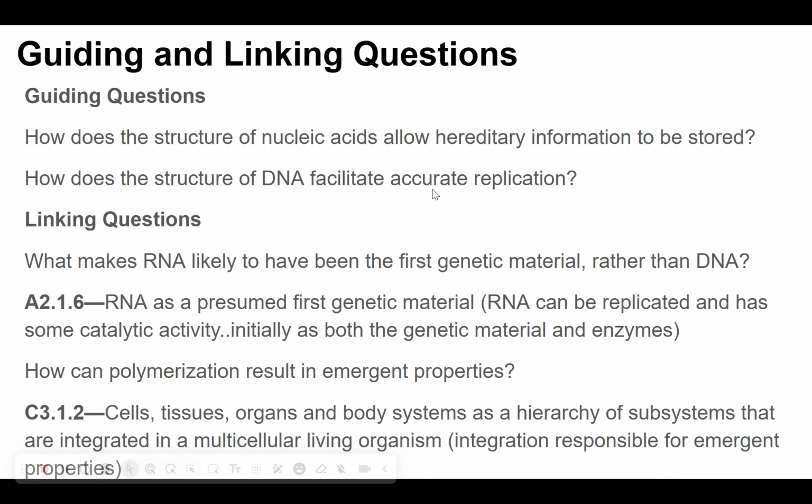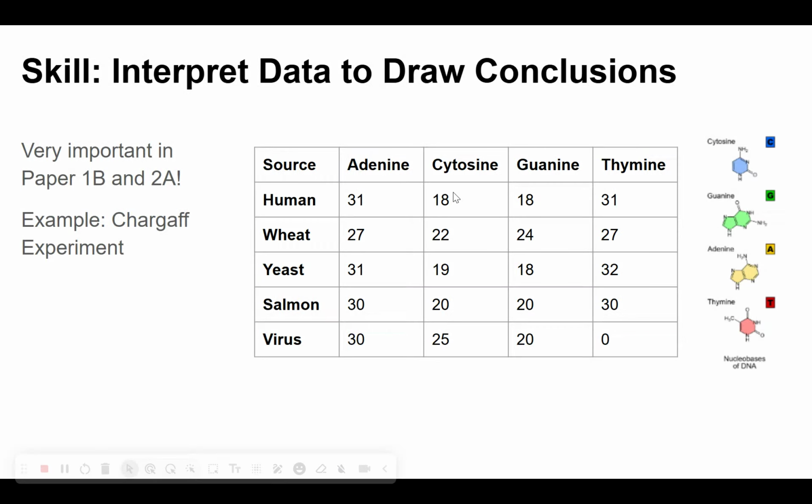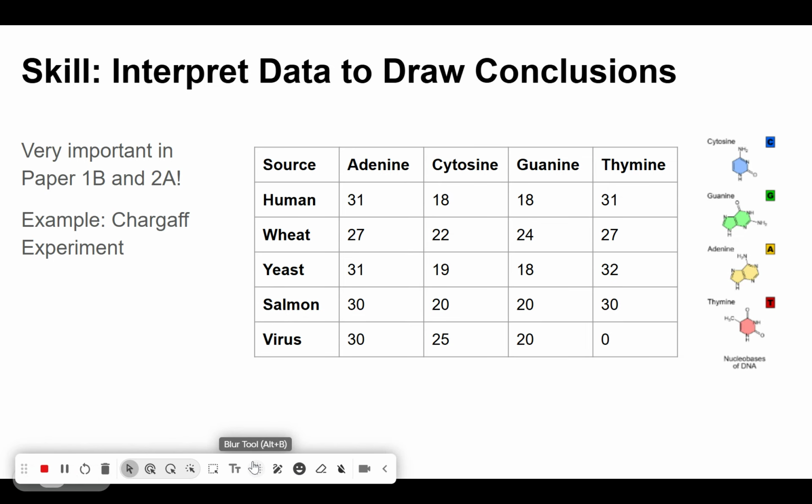And thinking specifically about nucleic acids, looking at associated skills, I want to bring up this idea of interpreting data to draw conclusions, because it seems like this is something the IB is placing more and more importance on all the time.